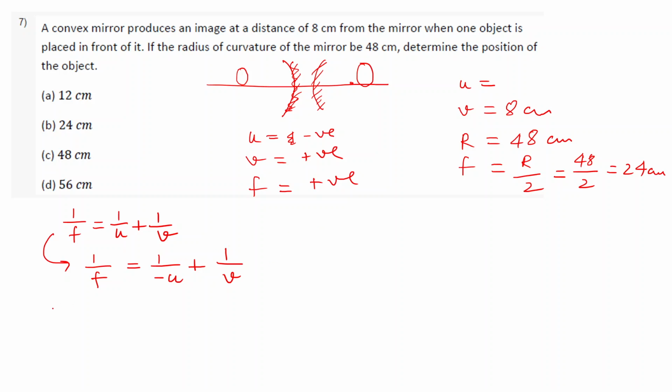Now putting in the values, f is 24, so 1 over 24 is minus 1 over u, we need to find out u, plus v is 1 over 8. So from this we'll get 1 over 24 minus 1 over 8.